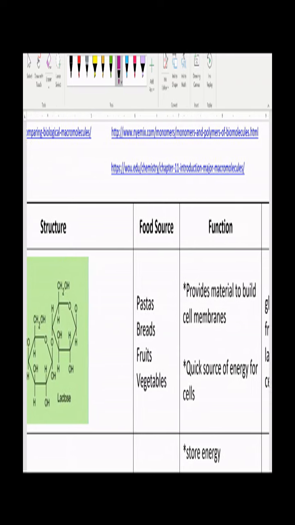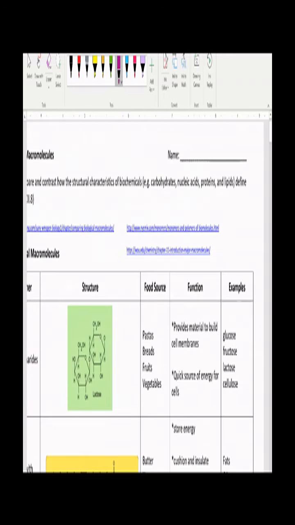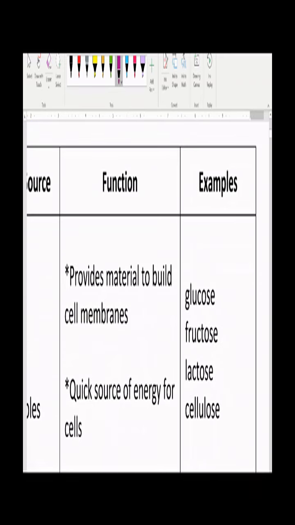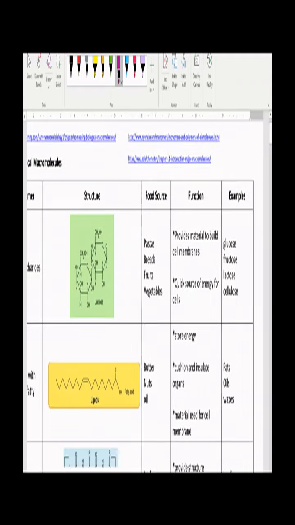The sugar molecules can store energy, but then can be broken apart very quickly when your cell needs quick energy. Some examples you might see are glucose, fructose, lactose, and cellulose, and you'll notice a pattern of them all ending in "ose," which is typical of sugars.